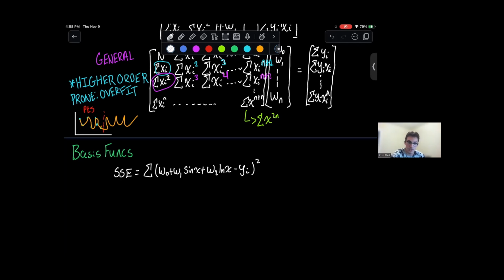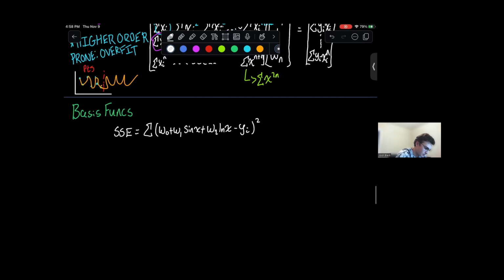The derivatives are still just going to be our functions. We have 3 functions here. F0 being 1, F1 being sine x, and F2 being ln x. We have those 3 functions.